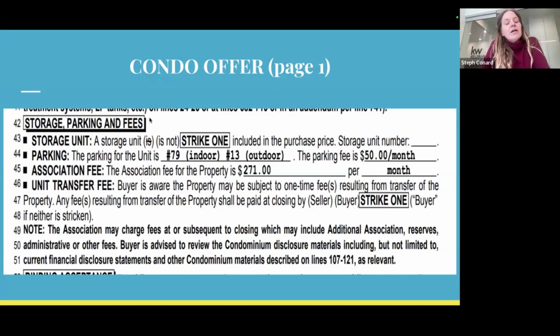Okay, so again, the condo offer to purchase. This is right on page 1. And again, we've just isolated the pieces that are different from the regular residential offer to purchase. On page 1, it addresses storage, parking, and fees. So you're going to identify whether or not there's a storage unit included in the purchase price, what the storage unit number is, if applicable.